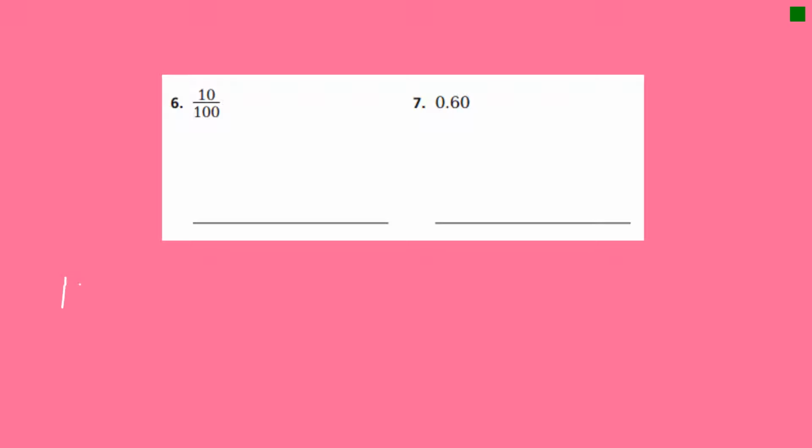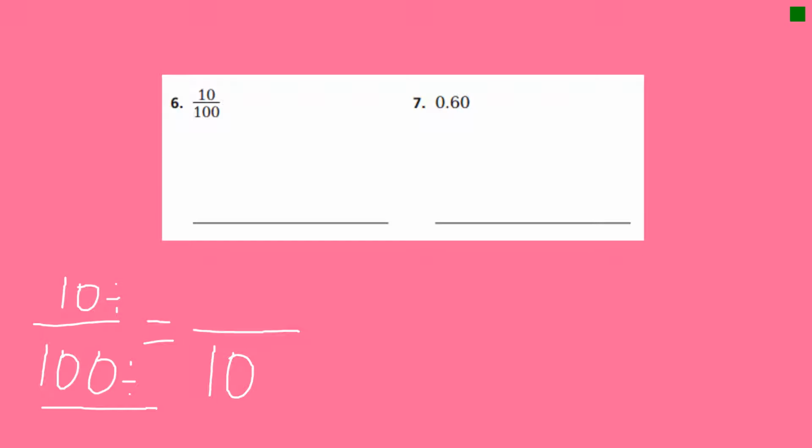All right, I'm going to rewrite this down here. 10 hundredths, and the directions said to write them as tenths. So I need that in tenths. I am going to have to divide this time, aren't I, guys? I'm going to divide both of them by the same number. So 100 divided by 10 equals 10, doesn't it?